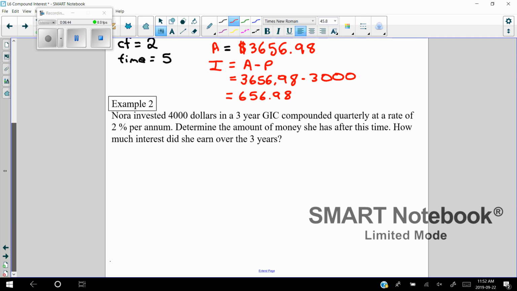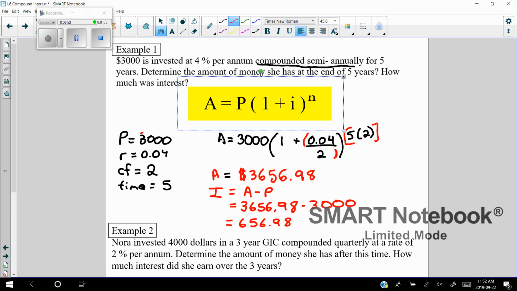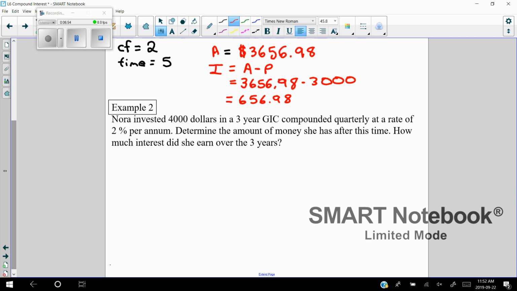Nora invested $4,000 in a 3-year GIC compounded quarterly at a rate of 2% per annum. Per annum means once per year. Determine the amount of money she has after this time.